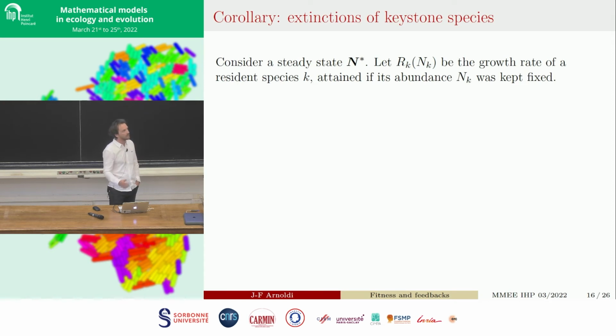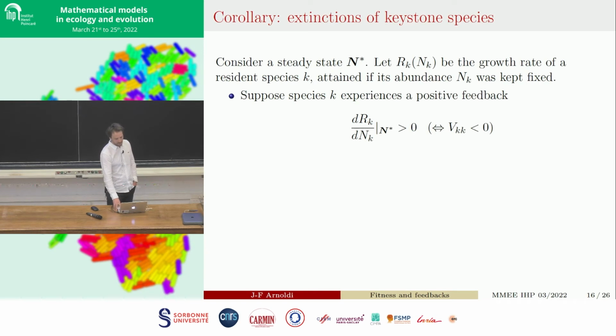So suppose you have a community and you look at a given resident species, and let's say that somehow the total derivative of the growth rate, which has to do with the inverse of the interaction matrix, the feedback, is positive.